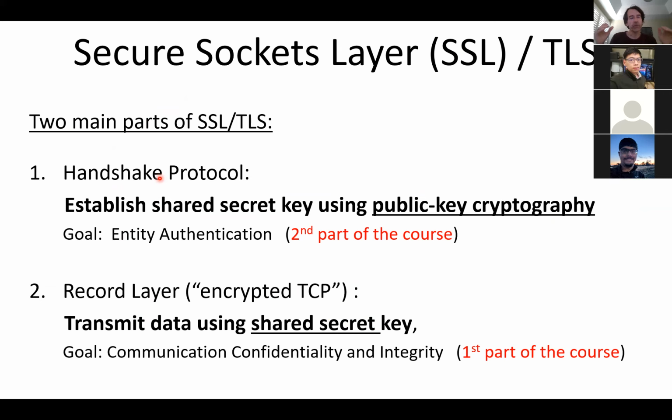First of all, the two ends, the client and the server, have to establish a key somehow. They don't have pre-established keys. Your laptop doesn't have any keys that it shares with Chase, Bank of America, UCI. You might have a VPN, I'm not sure. But with all the services that you want to talk to, it doesn't have pairwise keys. It has to establish them.